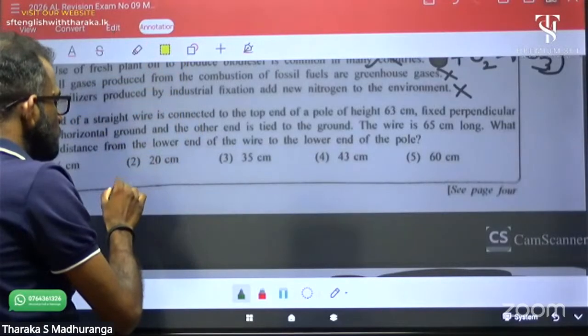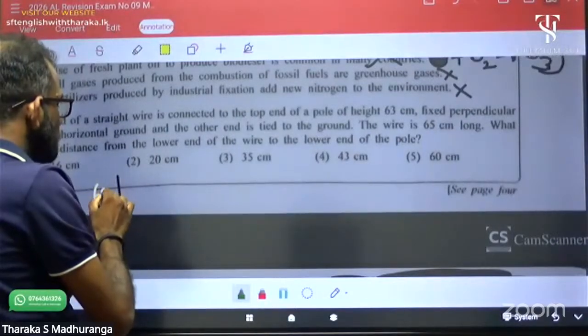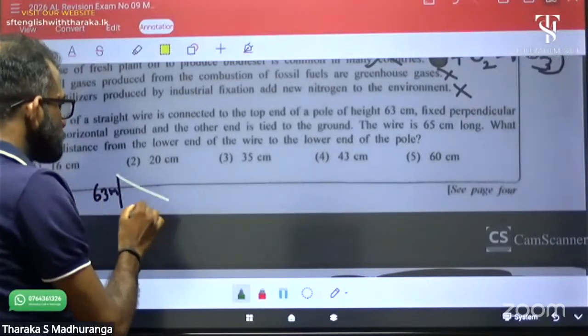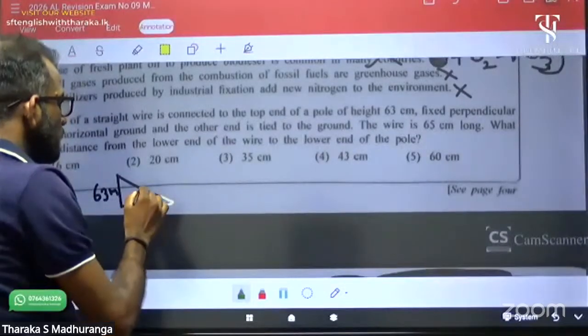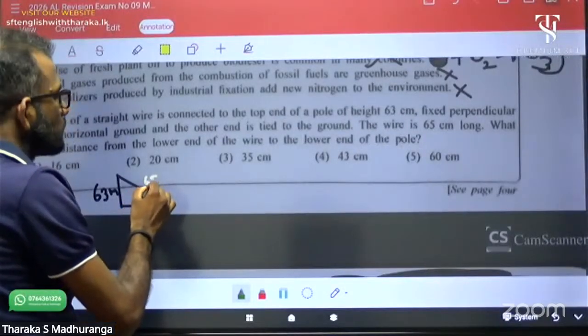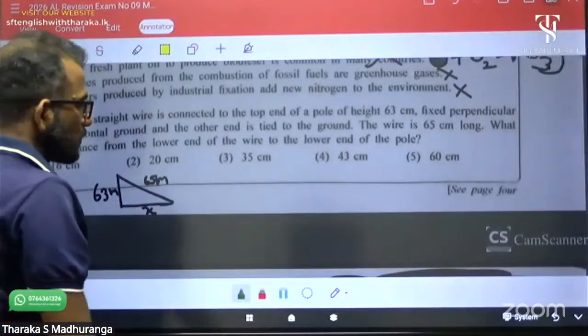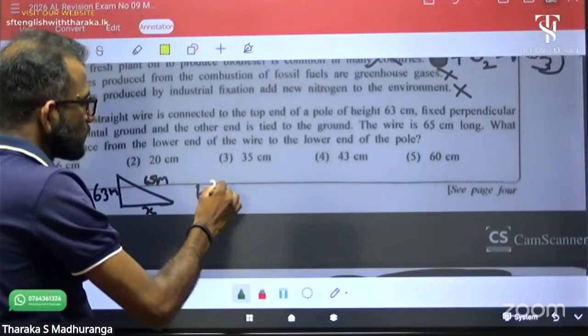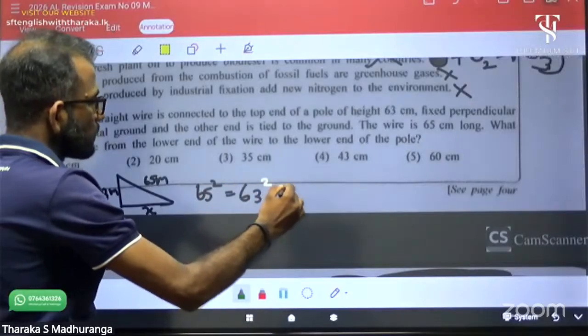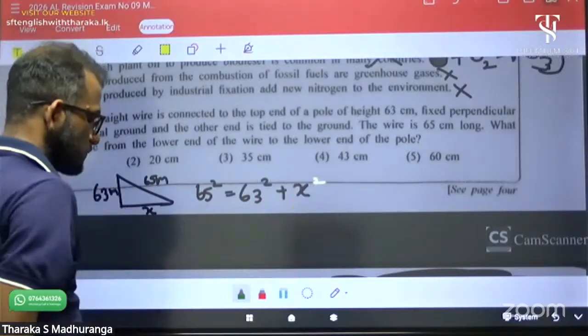A simple one. The pole is 63 meters and this wire is 65 meters. The x is what is being asked. Then 65 squared equals 63 squared plus x squared.